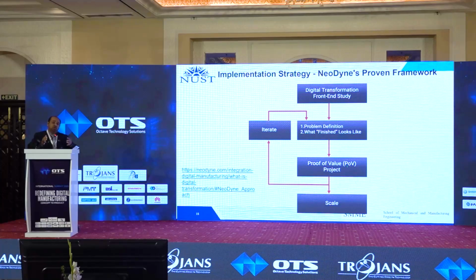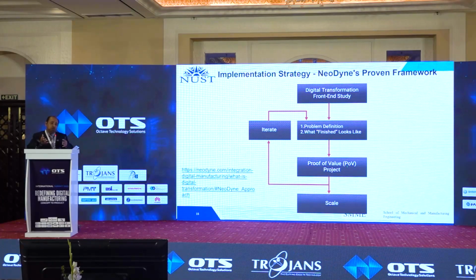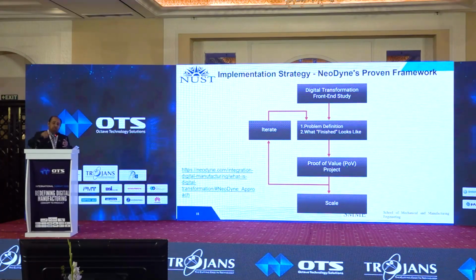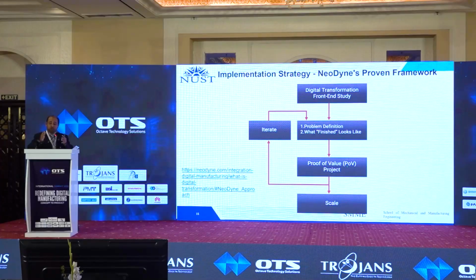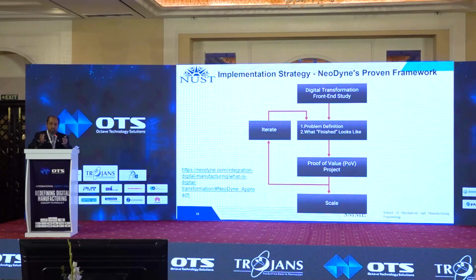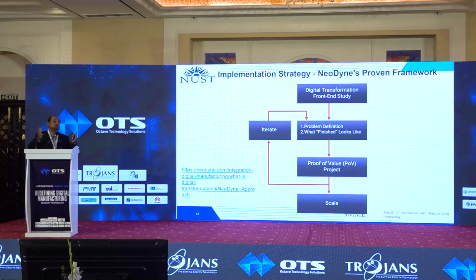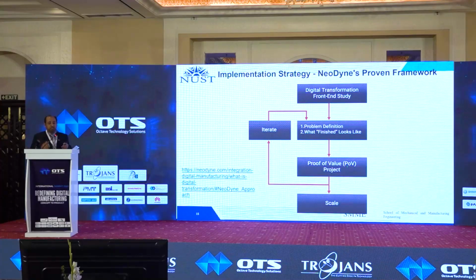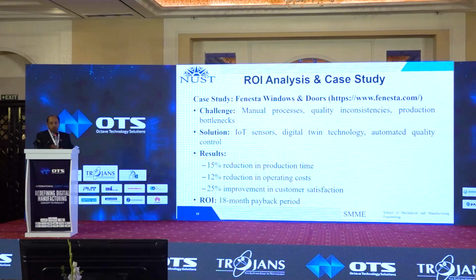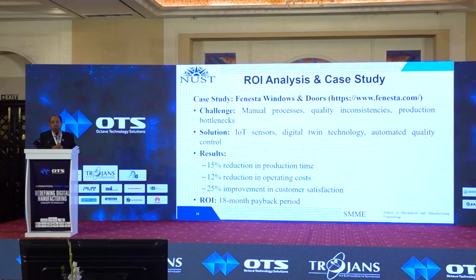Once you prove the value of that particular project, if you see that it still needs certain iteration, it will go back to the problem definition. Once you have decided on that problem definition, then you create a small prototype. Then on that prototype basis, you implement the solution within the industry. A reference is also given there. If somebody would like to have it, I can give it to him.